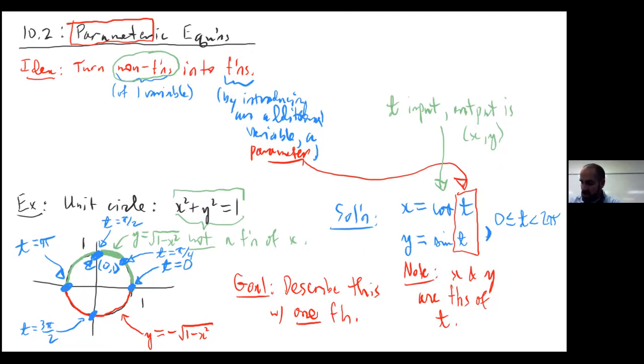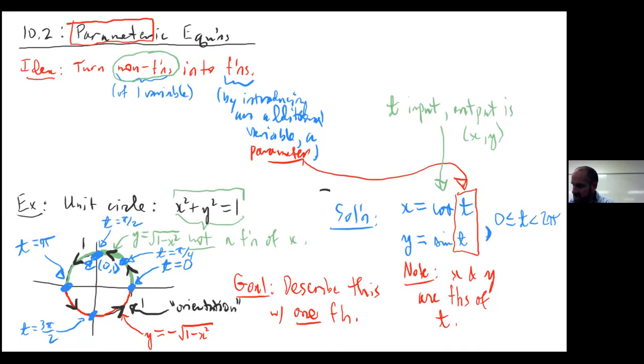Counterclockwise, right? So what we can do is draw this, and this will become more and more important when we get into physical applications, okay? This right here is called the orientation of the curve that's been parametrized.